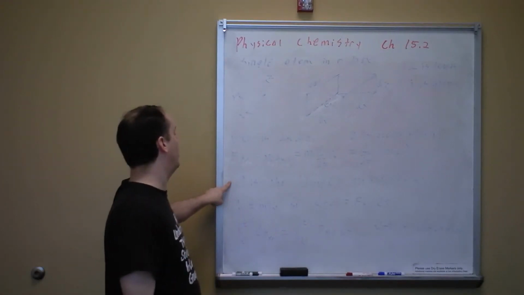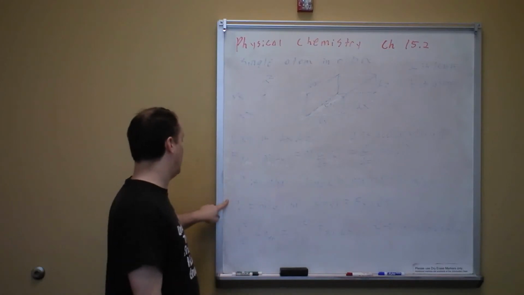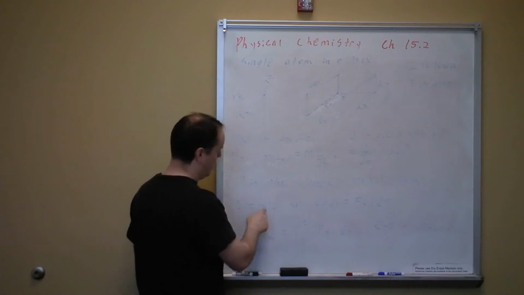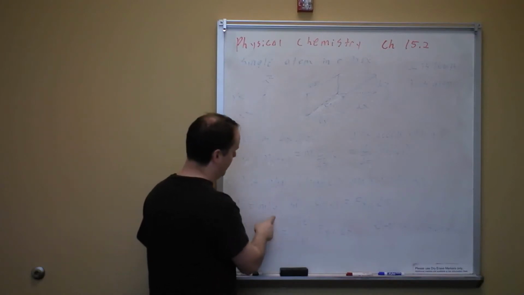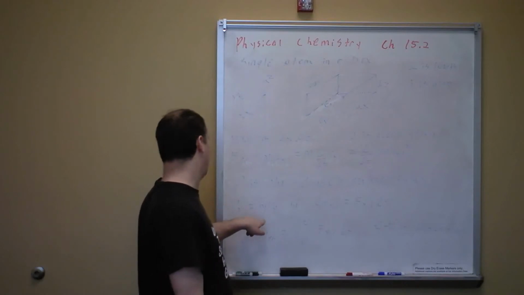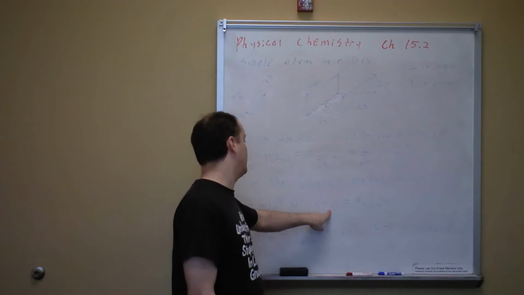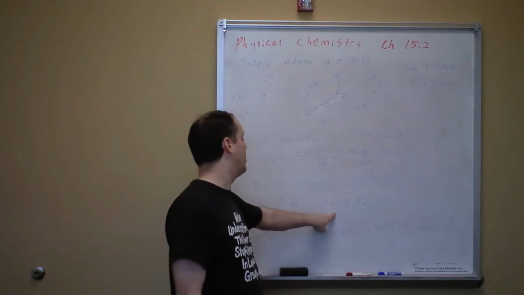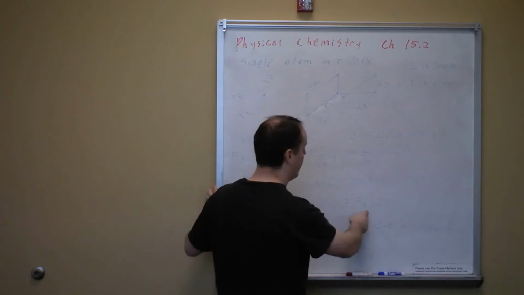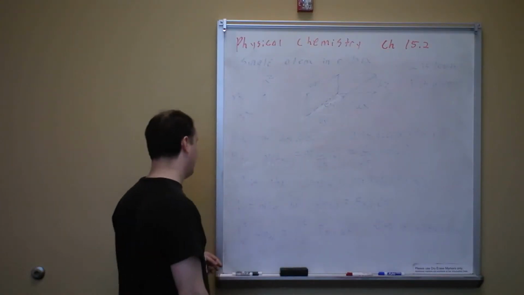Now remember, we use lowercase rho to mean linear momentum. And rho sub y, the y component of momentum, is equal to the mass times the y component of velocity. So if we take the derivative of that, the differential of rho y is equal to the y component of force times the differential of time.